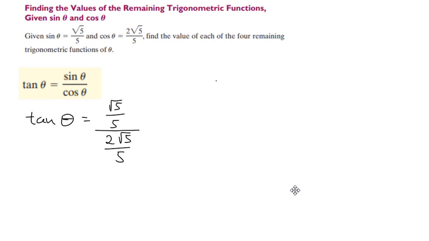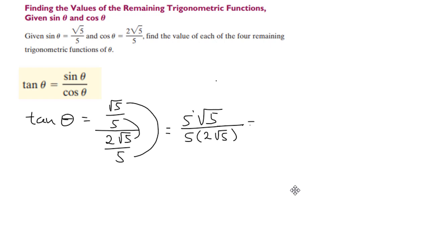Well, we're going to multiply square root of 5 times 5 and 5 times 2 square root of 5.